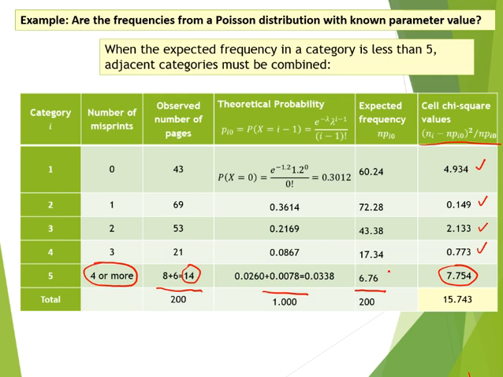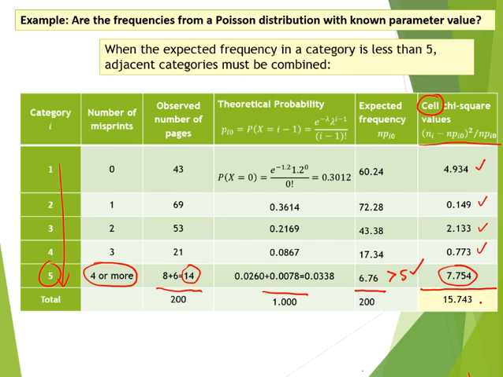You see that this is now greater than 5, so we can continue. But now we have only 5 categories, not 6 anymore. And our test statistic value is the total of all the so-called cell chi-square values. In your first category, that's your chi-square value. For your second category, that's your chi-square value, called cell chi-square values. And the sum of all the cell chi-square values is 15.743.